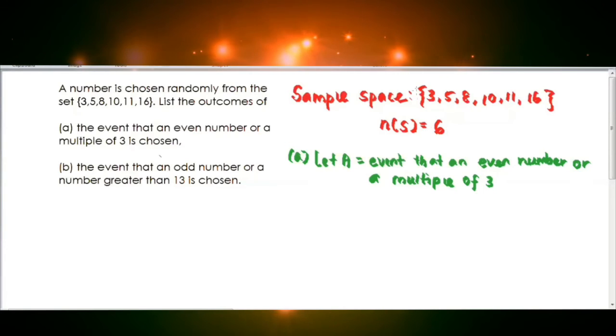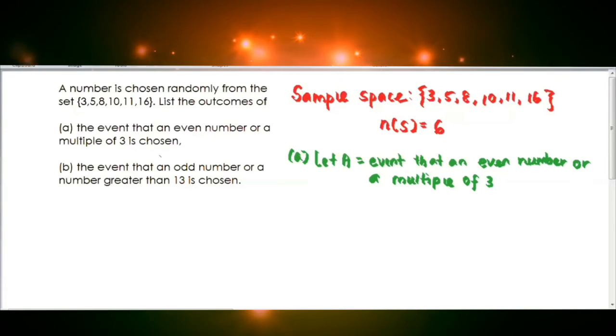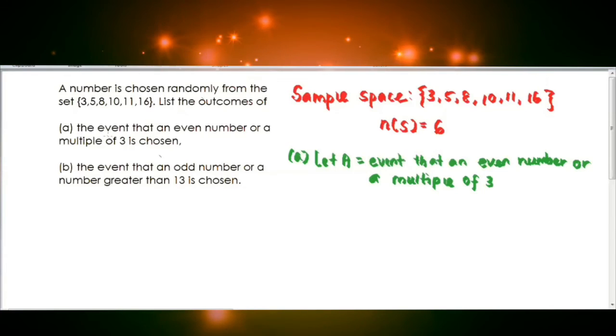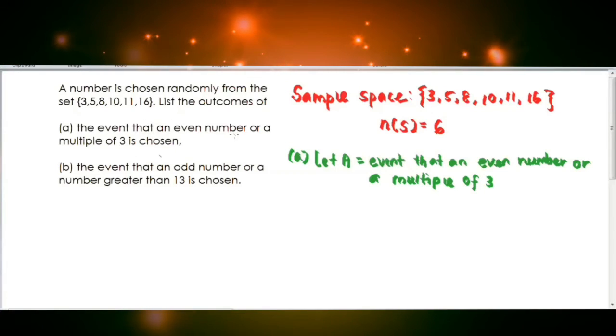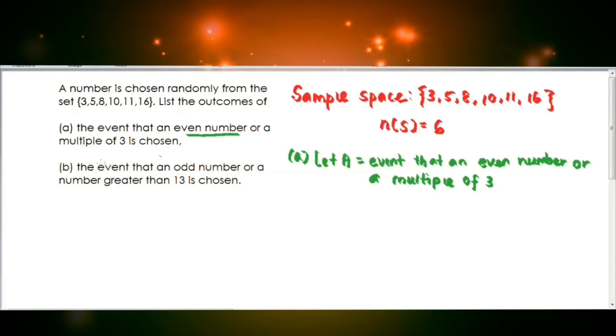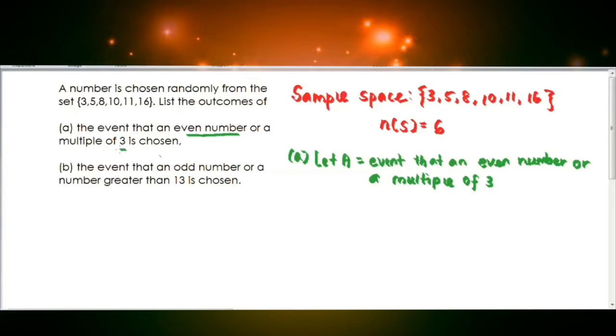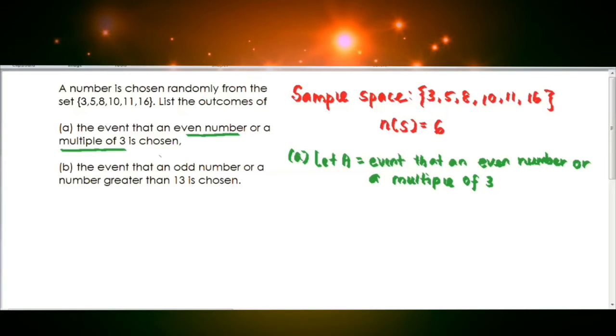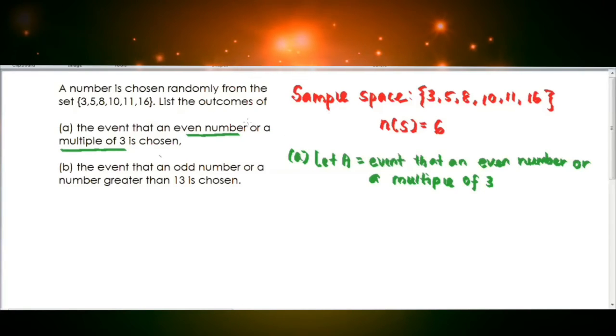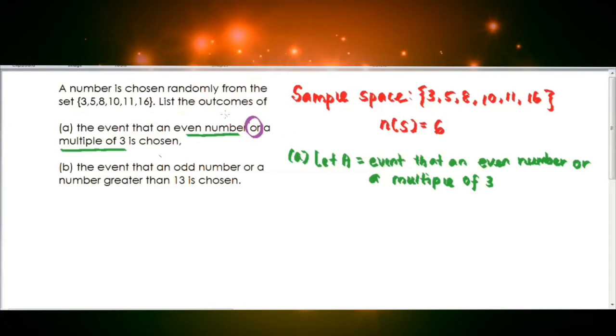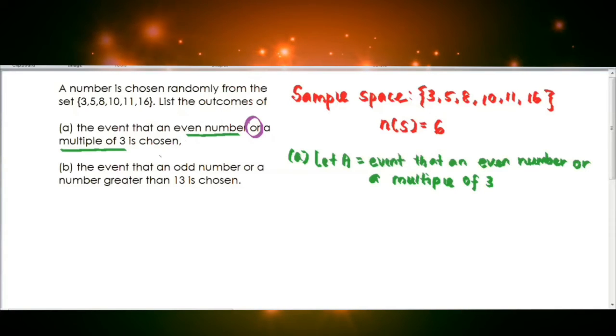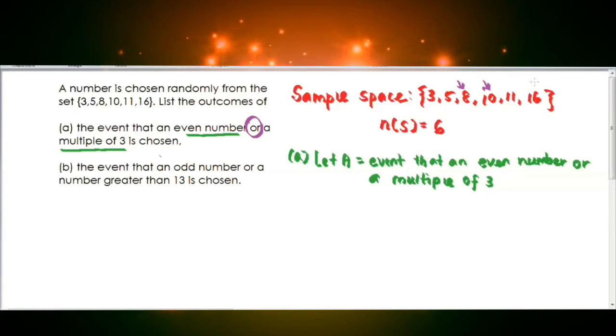Normally, for a combined question, the question will request two events: an even number and a multiple of 3. The question mentions "or", so it's not compulsory. We can choose either an even number or a multiple of 3. Which ones are even numbers? 8, 10, and 16.